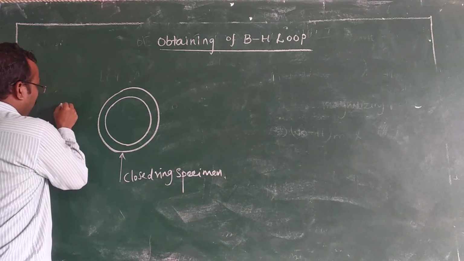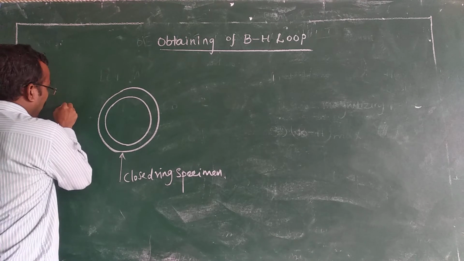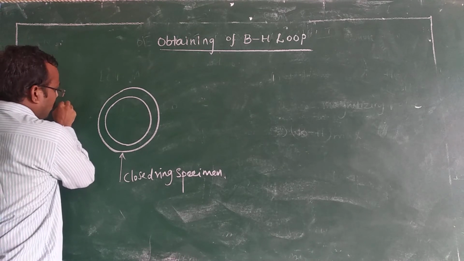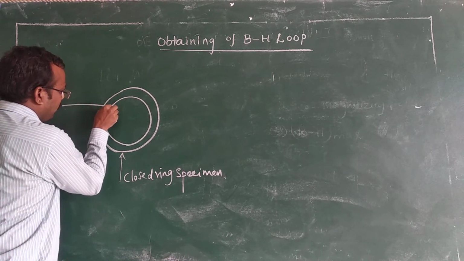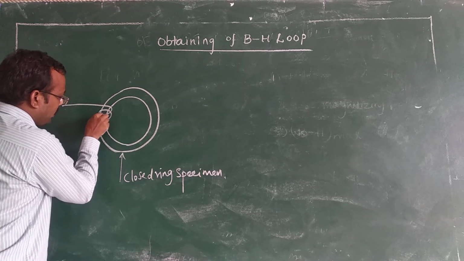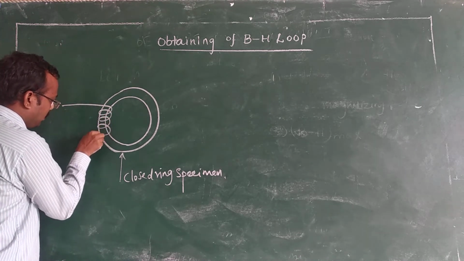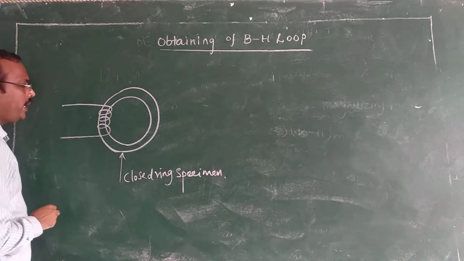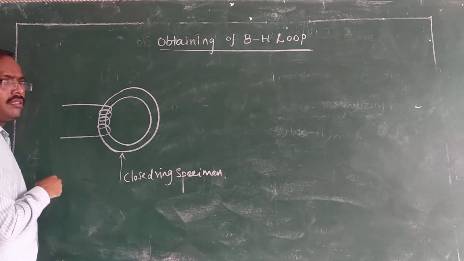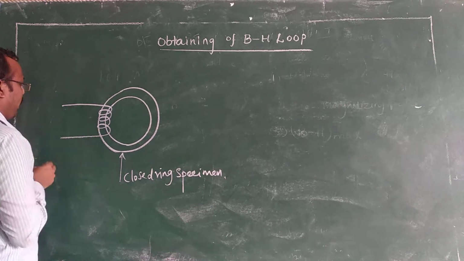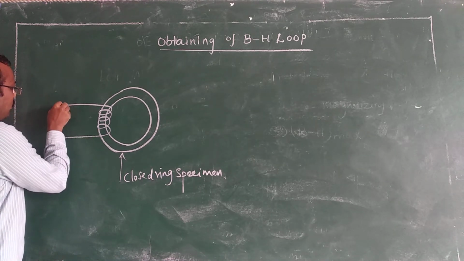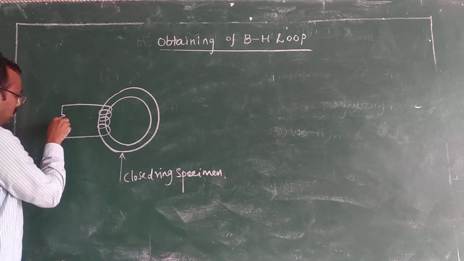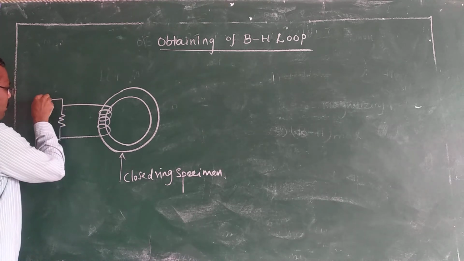We wind a coil uniformly on the specimen and apply current to the specimen through the wire.